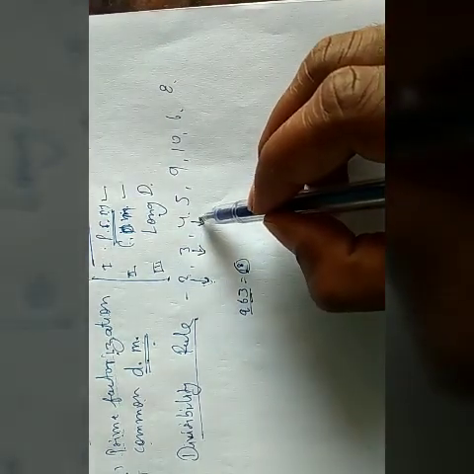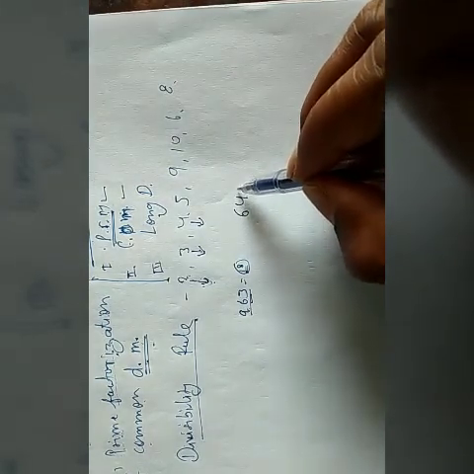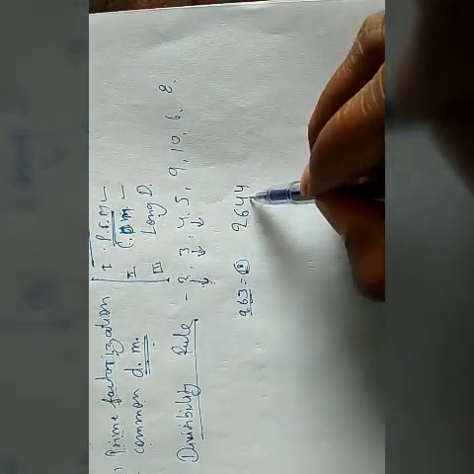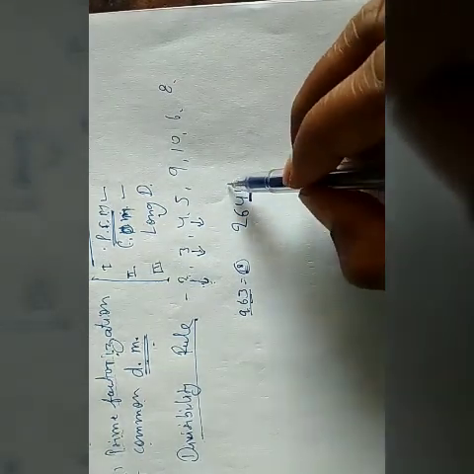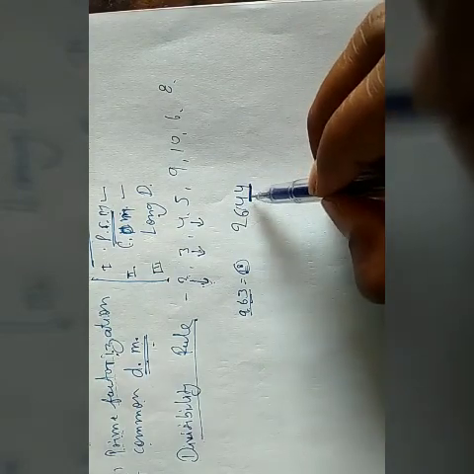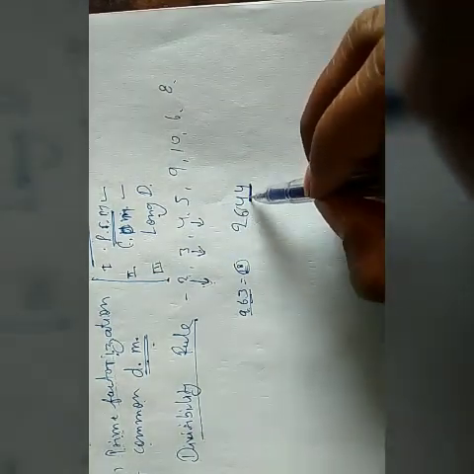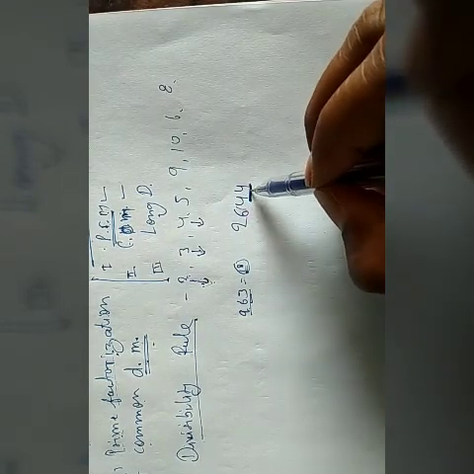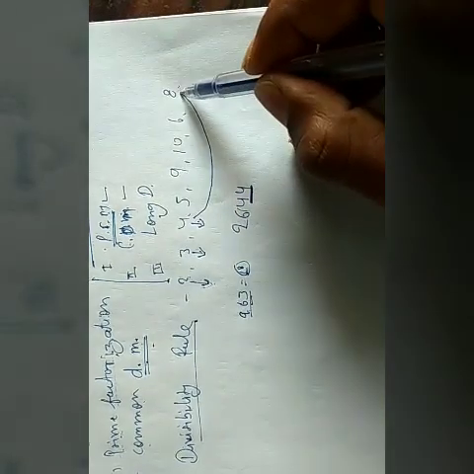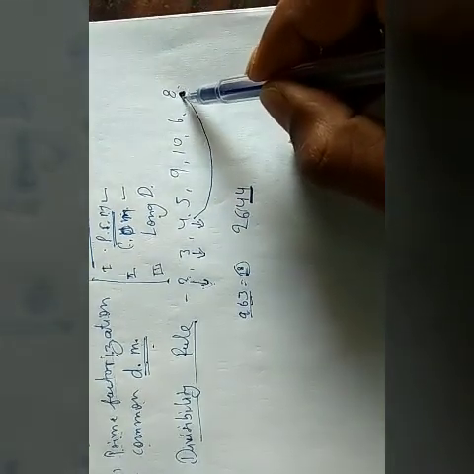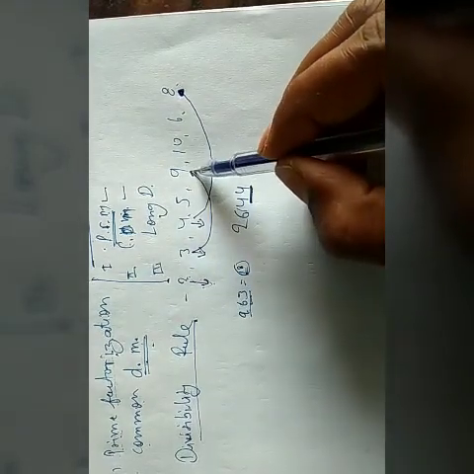Divisibility rule of 4 tells if the number formed by last 2 digits, this is 44. So the last 2 digit number is 44. So 44 is divisible by 4. So if the number formed by last 2 digits is divisible by 4, then the number will be divisible by 4 and 8 also. Both rules are same. Rules of 3 and 9 are same.